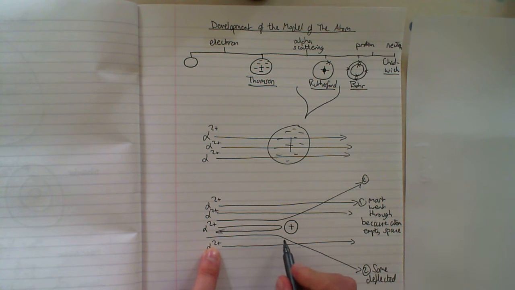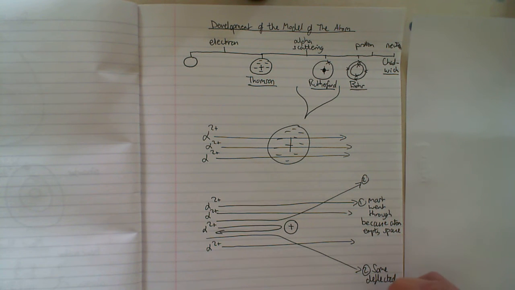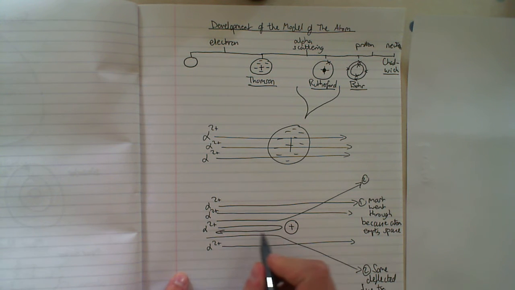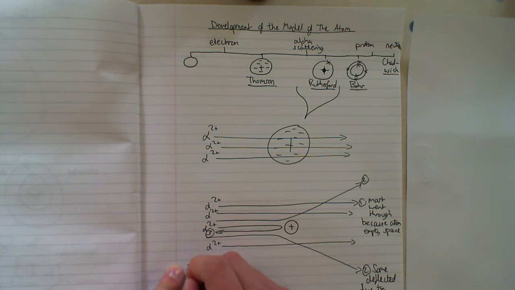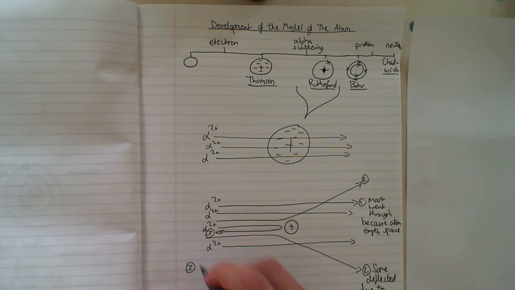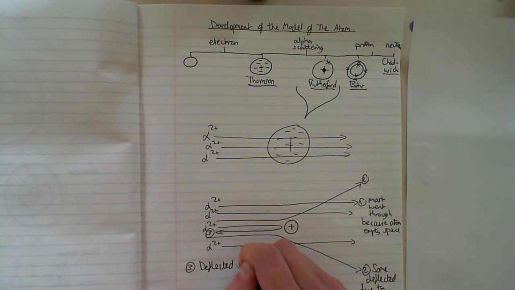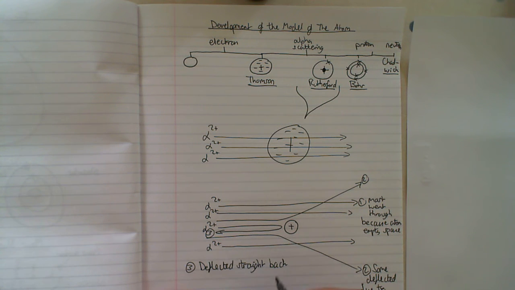So what Rutherford decided was that the nucleus must be charged, so it repels. Some deflected due to repulsion. And the final result, number 3, was deflected straight back, showing that the nucleus was small and dense.